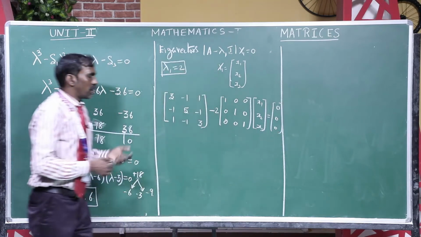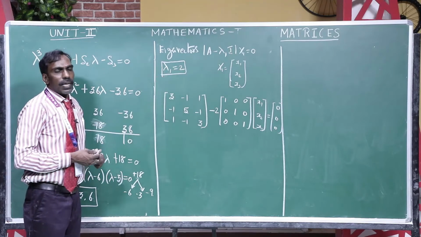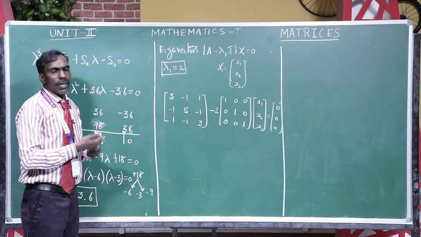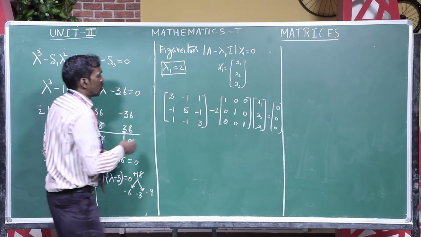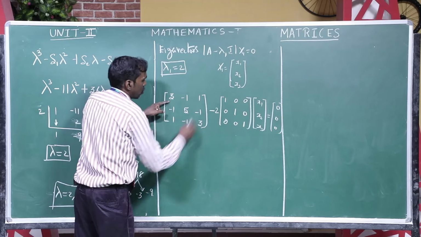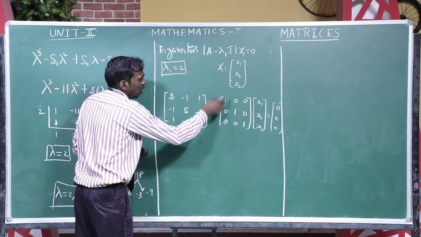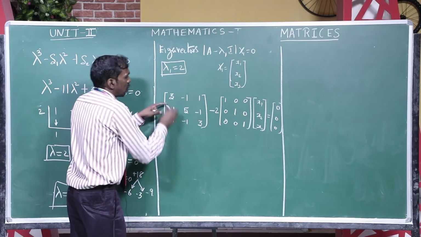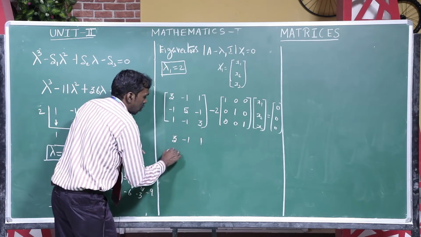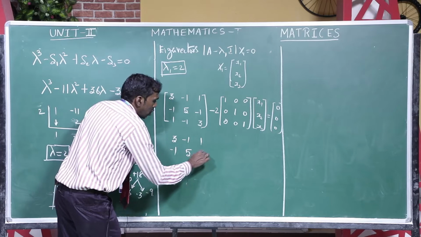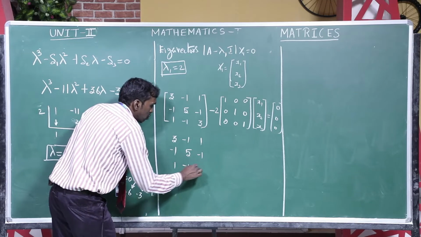We form the equation from (A minus lambda I) times capital X1 equal to 0. We form the equation, then we only have to solve it. So here 3, minus 2. What do you get here? You have to multiply by minus 2 inside. What terms will we get now? 3, minus 1, 1; minus 1, 5, minus 1; 1, minus 1, 3.